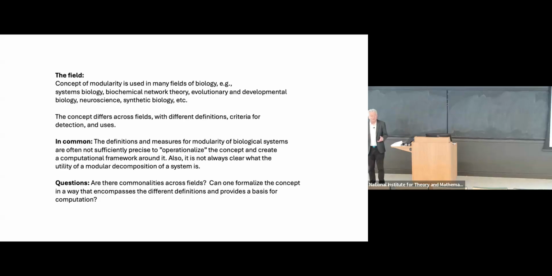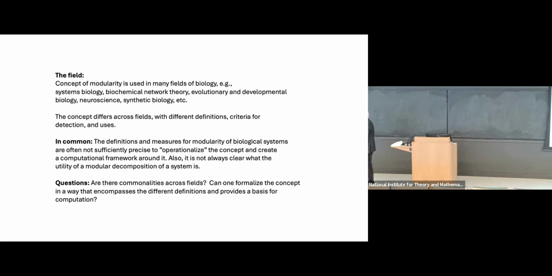enough to operationalize them, in the sense that ultimately we need to automate a lot of things. For example, decomposition of large models into smaller pieces that you can analyze, or building large models from smaller pieces. And so what we will need is a much more formalized, precise notion that might differ by context, it might differ by field, but it needs to be formalized.